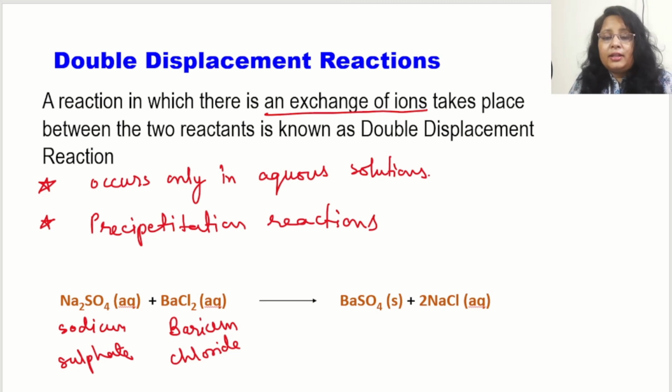Sodium will take the place of barium and barium will take the place of sodium, and they will exchange their places, and as a result barium sulfate is formed and sodium chloride is formed.